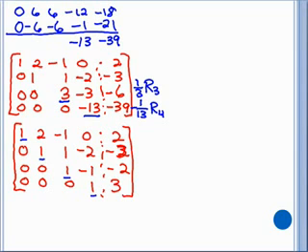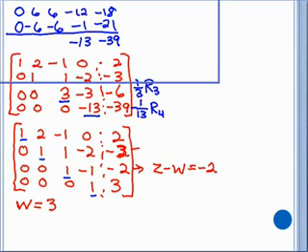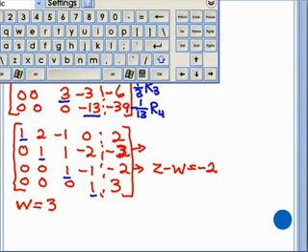So what this last row here says is that we know W is going to equal 3, and this row says that Z minus W is equal to negative 2.